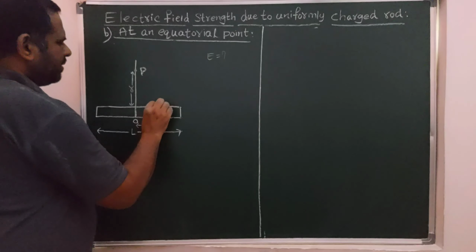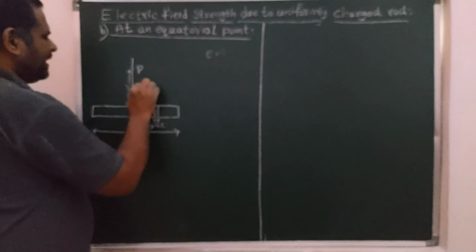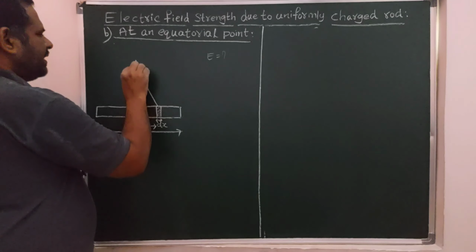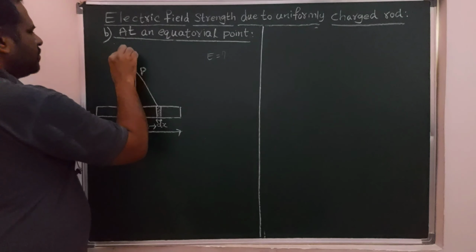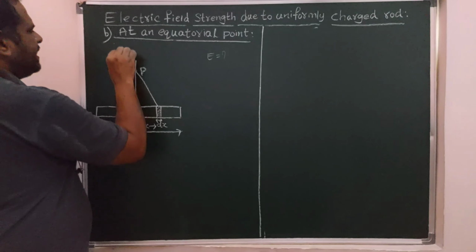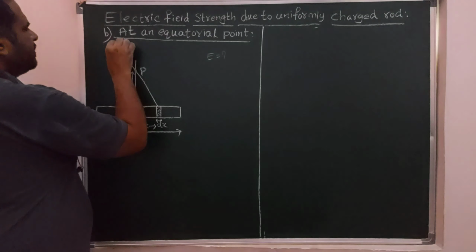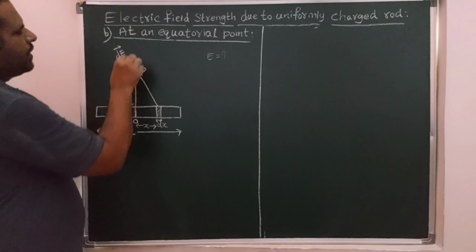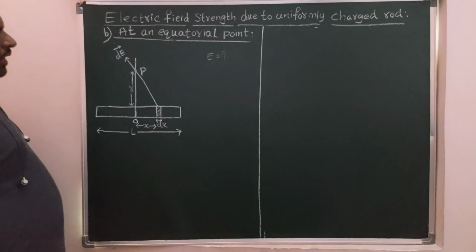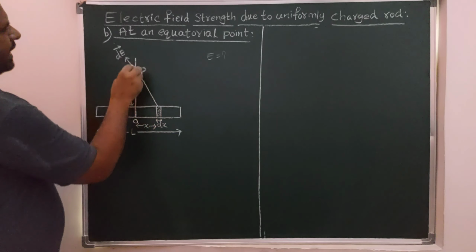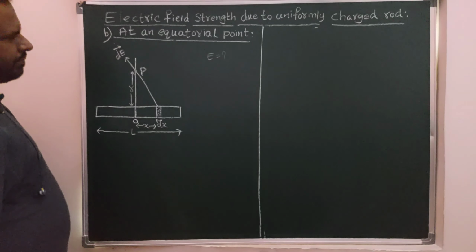Due to this small element, the electric field intensity at P is dE, which is a vector.